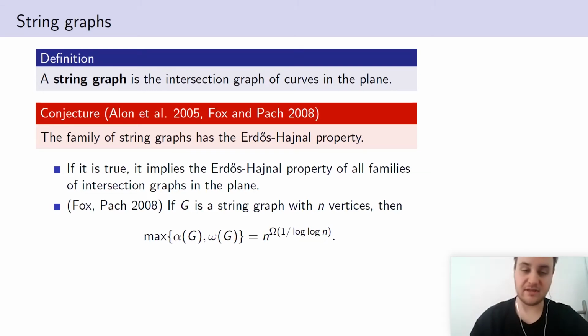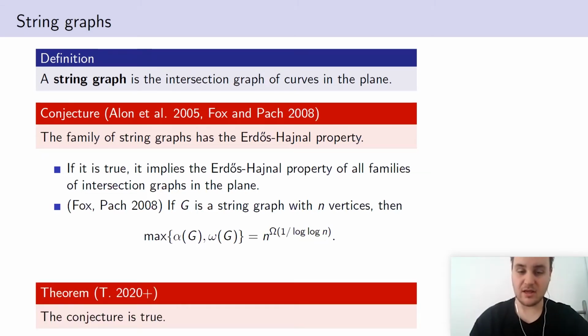Okay, so what I will talk about today is a proof of this conjecture. I would like to give you a high-level proof of this conjecture. The proof itself, my proof itself, is not very long, but the only reason it's not long is because it builds on all the previous work done by Jacob, János, and all the other researchers in the area.